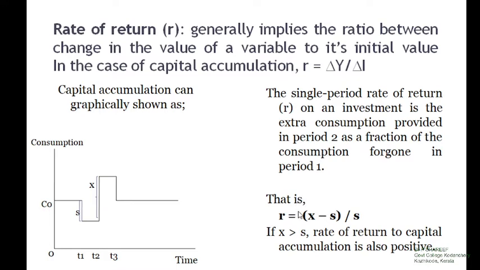Here, the rate of return can be represented by R is equal to (X minus S) by S. X represents change in consumption and S represents sacrifice or saving. If X is greater than S, then the rate of return to capital accumulation is also positive.